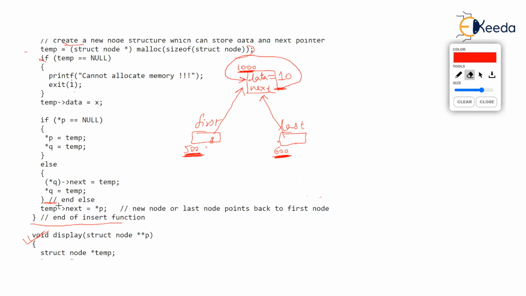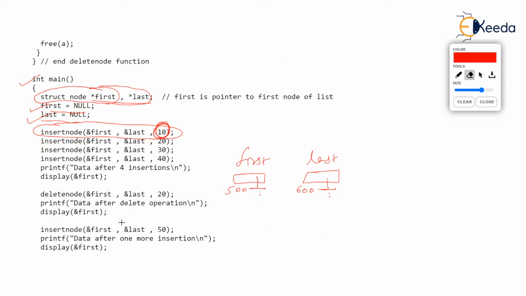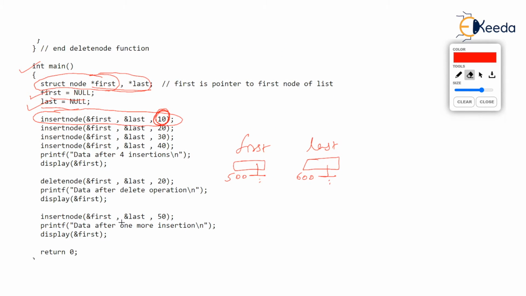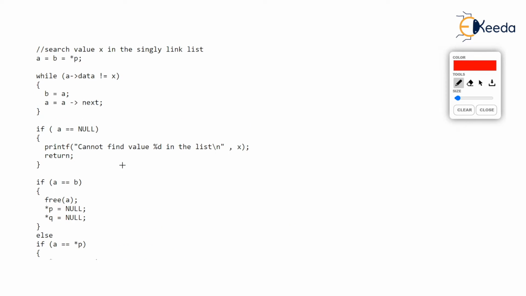Anyway, okay. So now assume that this insert node function is called a second time from main. Here we are. The insert node function will be called a second time, and this time we are again passing the address of first and the address of last, and the value we want to insert is 20. So let's come to the insert node function.